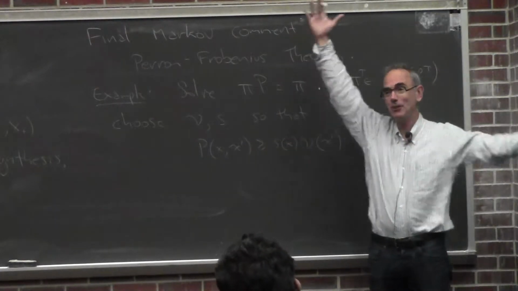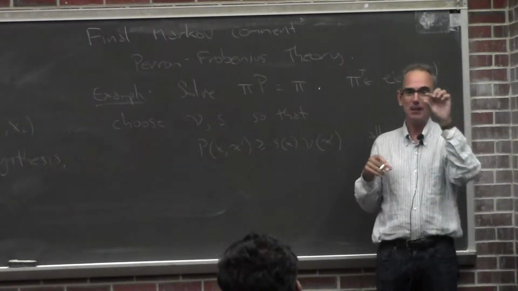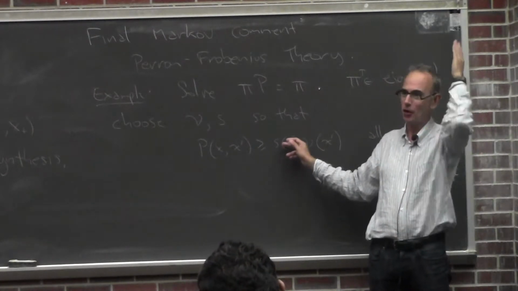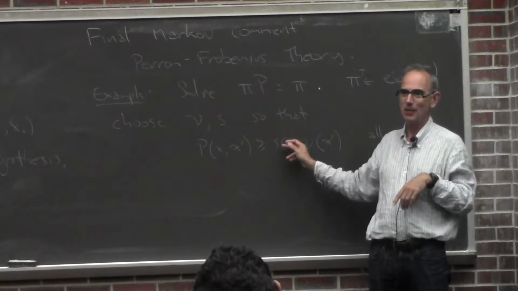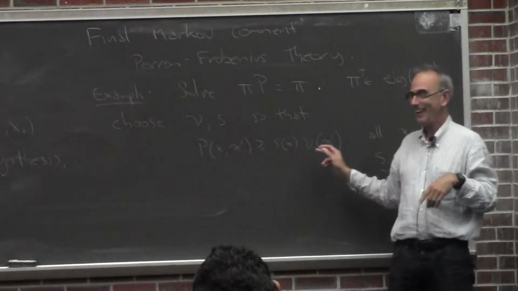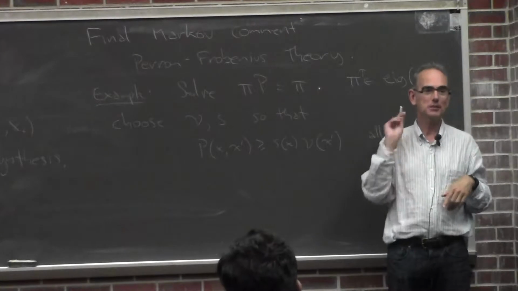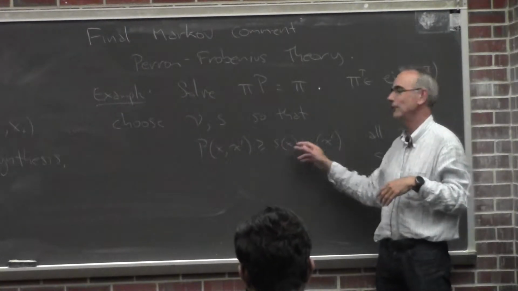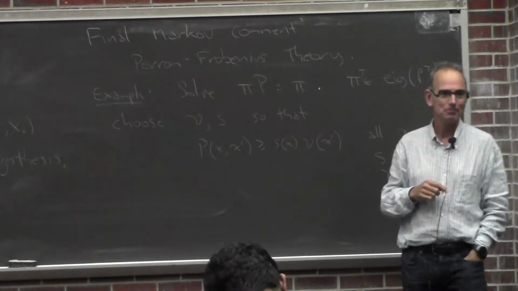I mean, this is just a big matrix, right? Just take one positive element and choose S to be all zeros except for that element for X, that's a row and that's a column, and nu to be all zeros except for at the X prime where it's positive. I mean, it's trivial to do this. Okay, I'll make you do it in the homework. All right.